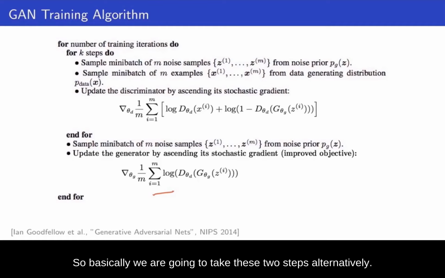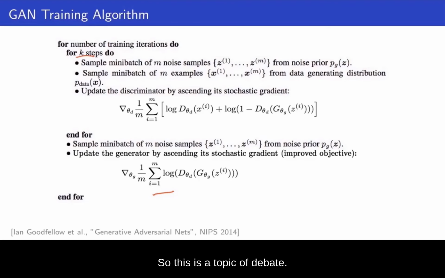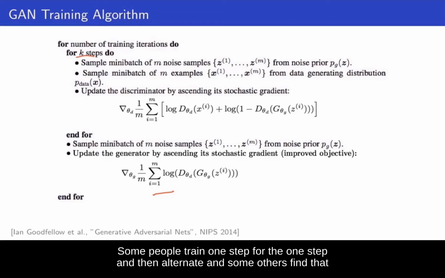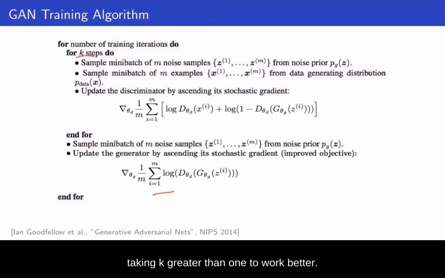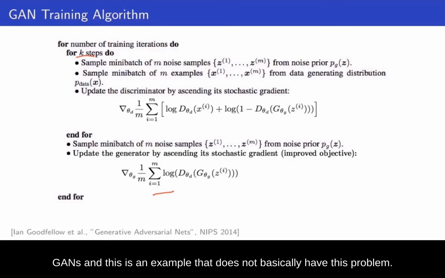So basically we are going to take these two steps alternately. On top of it, it says that we are going to train the discriminator for k steps. This is a topic of debate. Some people train one step and then alternate, and some others find that taking k greater than 1 works better. However, there has been some recent work that alleviates this problem, which is using Wasserstein GANs, and this is an example that does not have this problem.